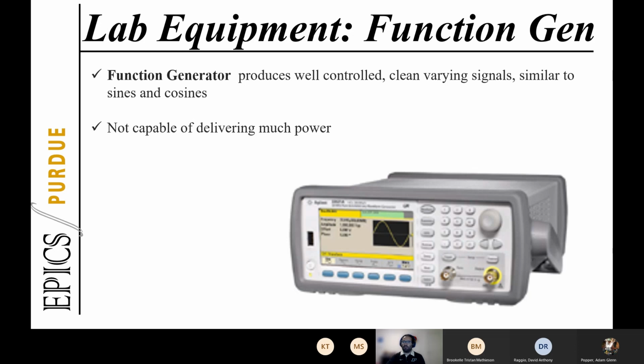And the only limitation is that if for any reason you want to extract a lot of power, for example, you want to play a tone in a speaker, since these have a very, very limited power, the sound you're going to be able to create is not going to be too loud.